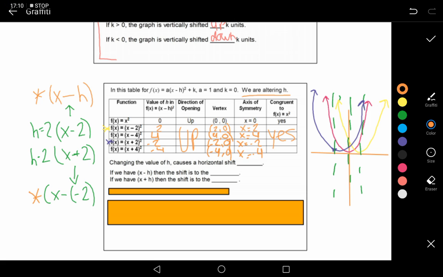So again, copying down this summary here so you know what's going on. This is for h. So changing the value of h, obviously you can see based on my graphs there, it causes a horizontal shift, left or right.